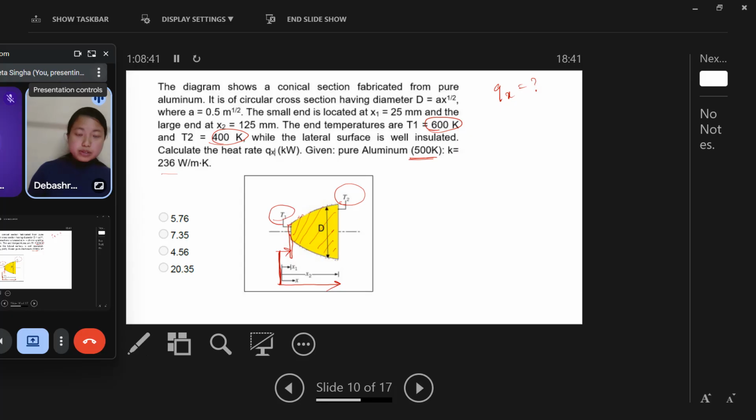So if the thermal conductivity K is not given, always try to find K at the average temperature. That means 600 plus 400 divided by 2, at 500 Kelvin, whatever the thermal conductivity of the aluminium, or whatever material, you should take that. That's why they have given 500. At average temperature you always need to calculate.